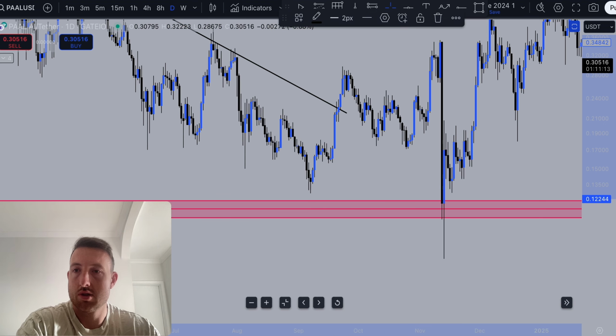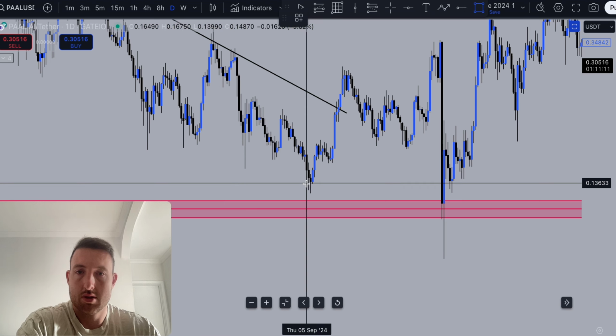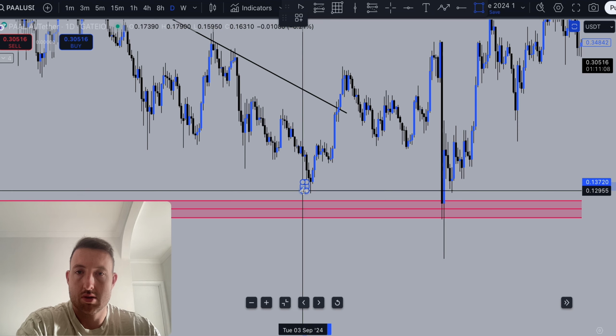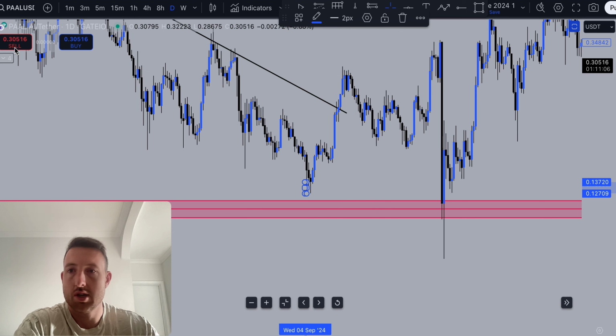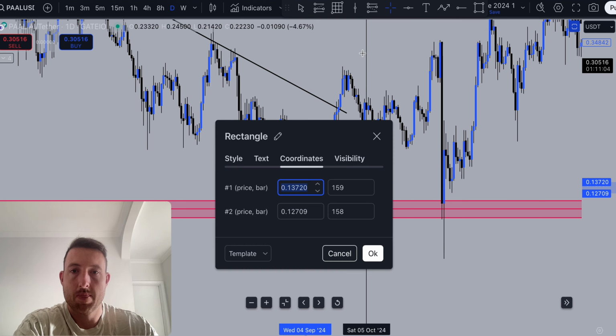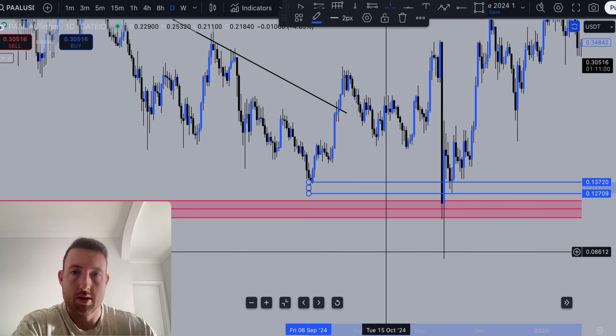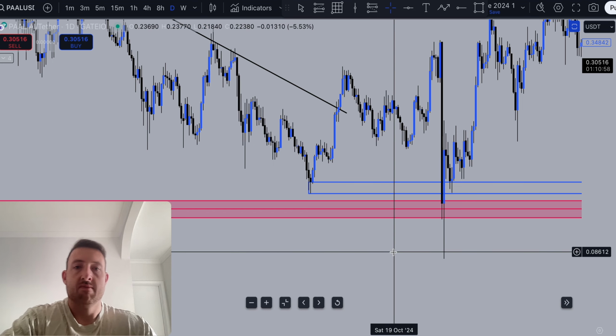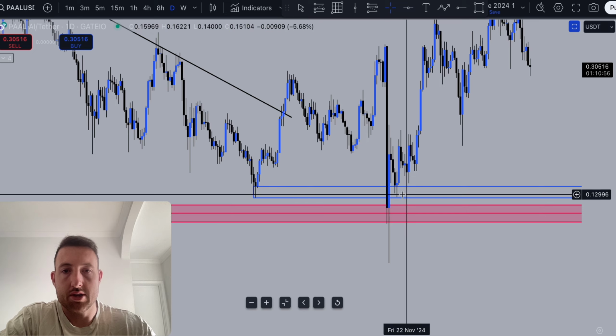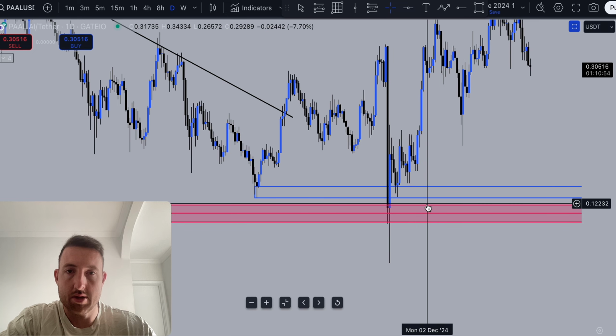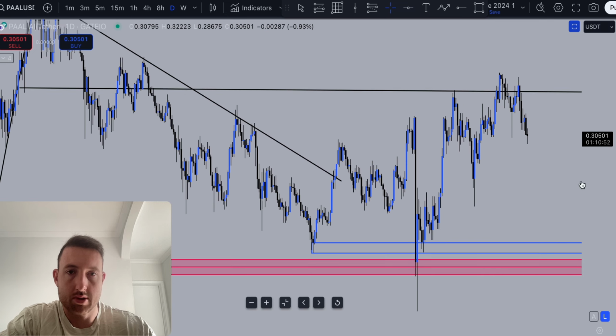Where'd it go? So you know your session lows here. So we've taken the session low, we've taken the imbalance in the market, and then we've gone up.